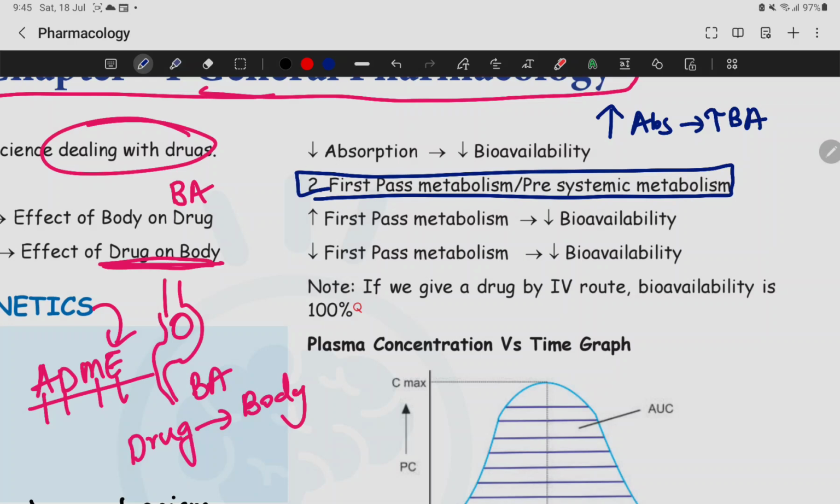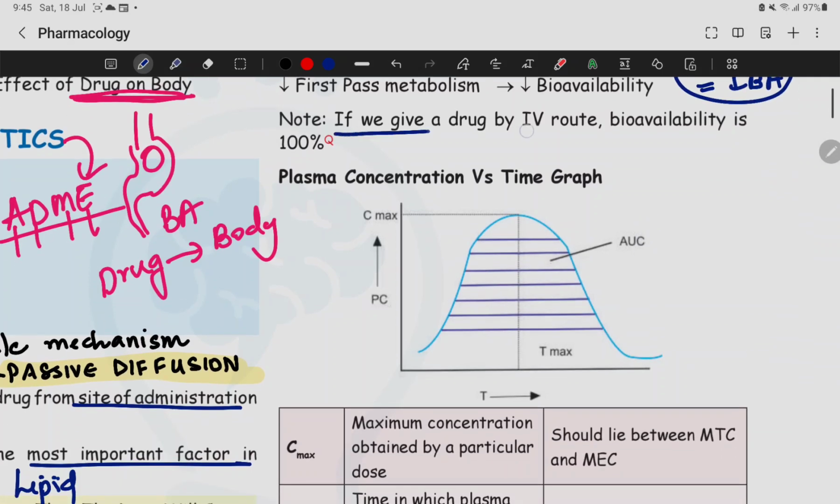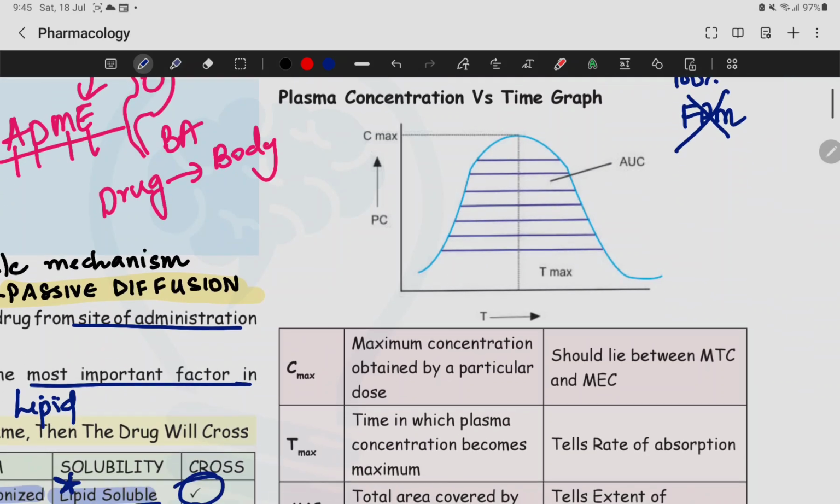If there is more first pass metabolism, it means less bioavailability. If more has gone to the liver, then less will be available. For example, why does the IV route have 100% bioavailability? Because it bypasses first pass metabolism. First pass metabolism is not there in the IV route, hence 100%.